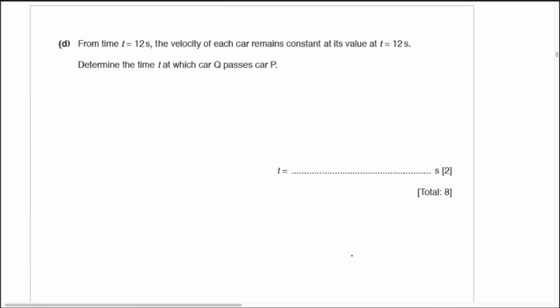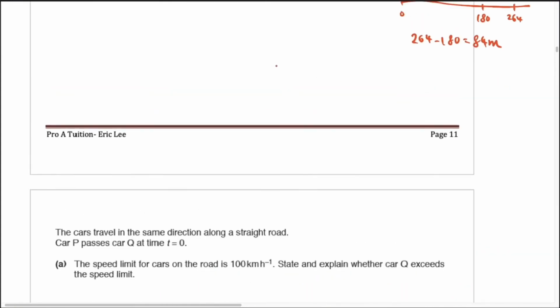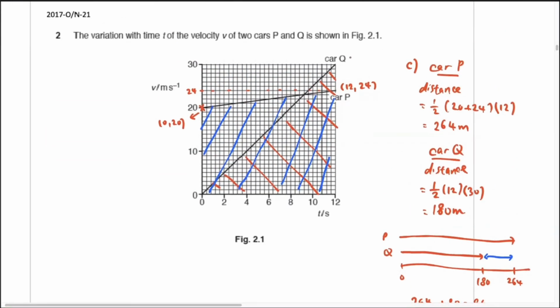Then part D. From time t equal to 12 seconds, the velocity of each car remains constant at its value at t equal to 12 seconds. Determine the time t at which car Q passes car P. So if you look at the graph again, according to what they said, they remain at their velocity at this time.